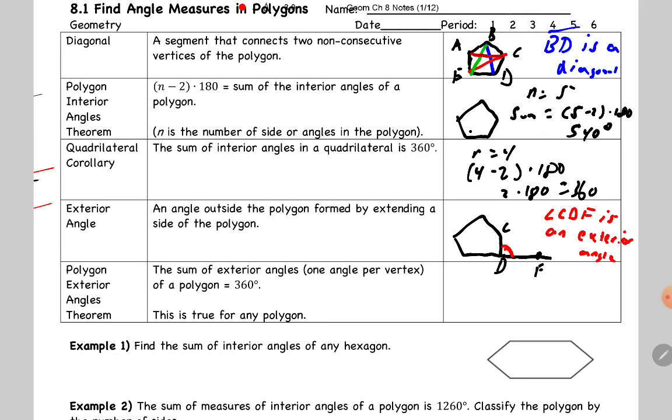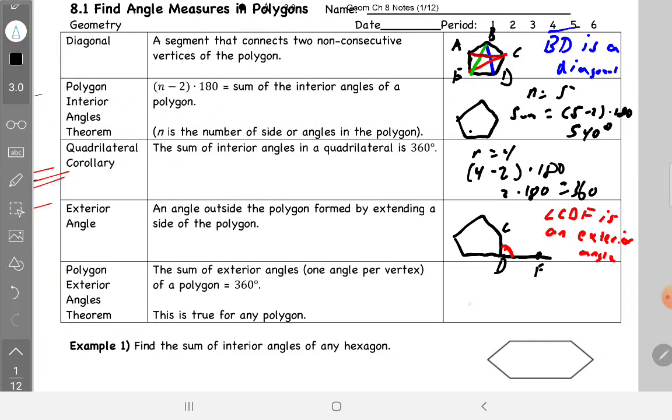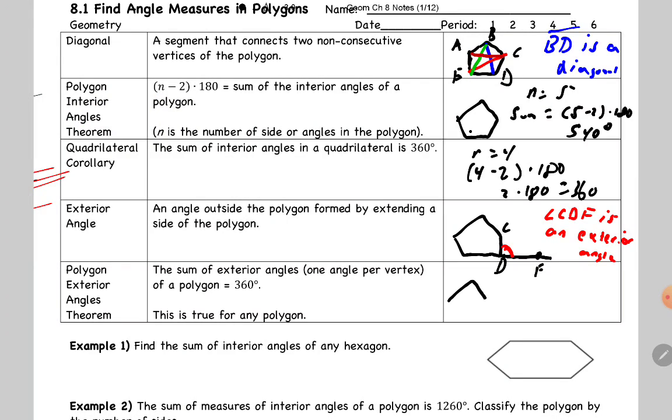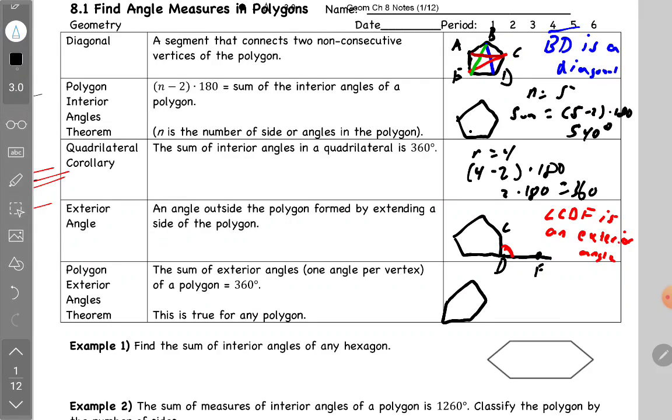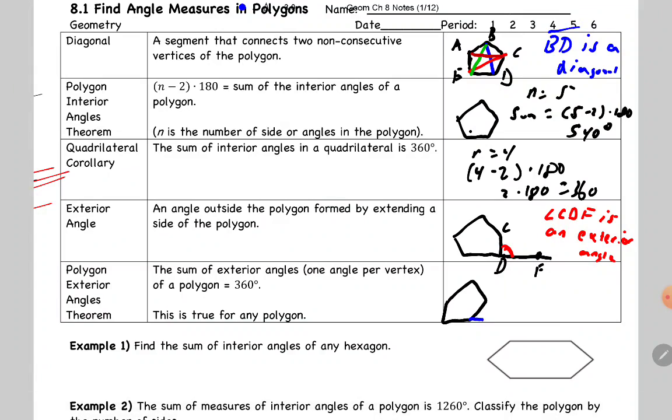Okay, let's draw that picture one more time. One more pentagon. That's an oddly shaped pentagon, but it'll work. I'm going to extend all the sides and I'll just make them a different color.